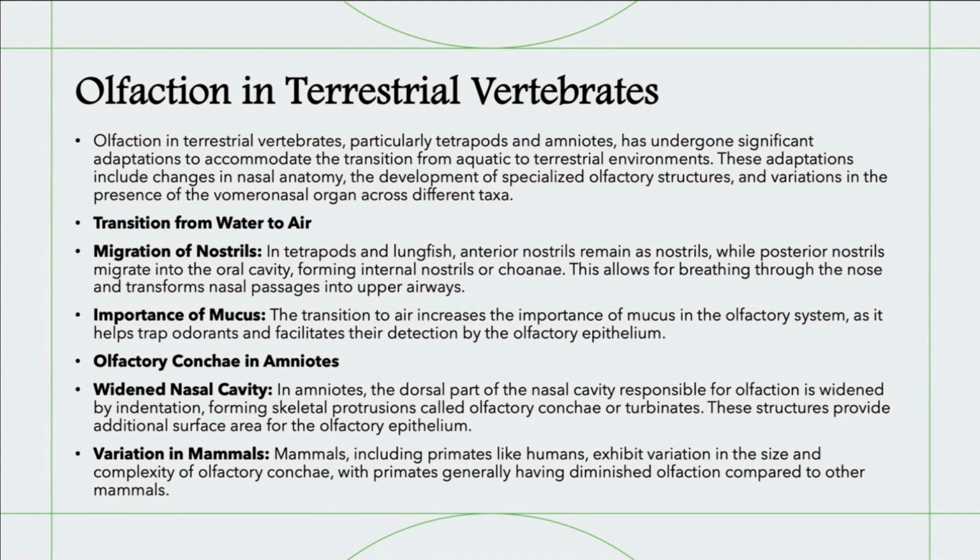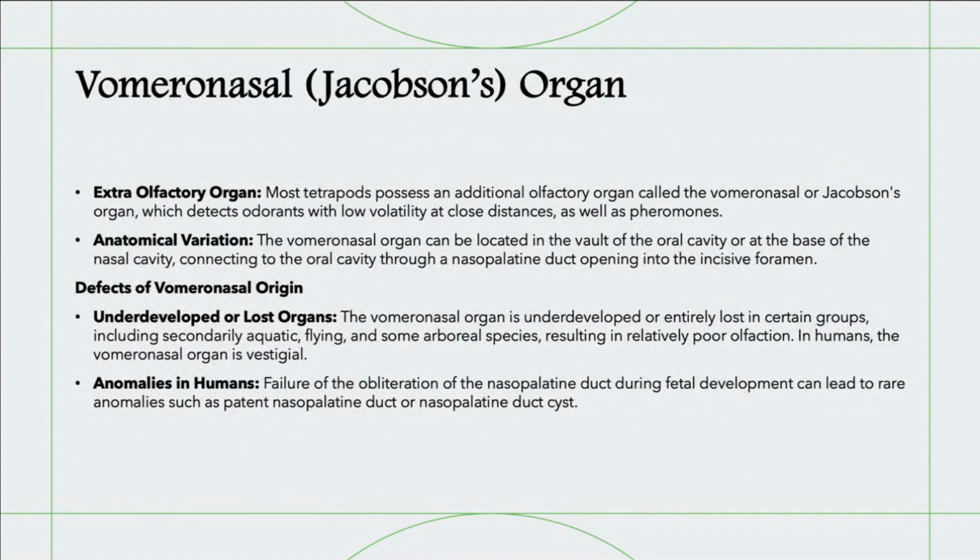Mammals, including primates like humans, have lots of different sizes and complexity of the olfactory conchae. Primates generally have diminished olfaction compared to other mammals. So basically, compared to other mammals, we have a reduced sense of smell. For example, cats and dogs have a much better sense of smell than we do.